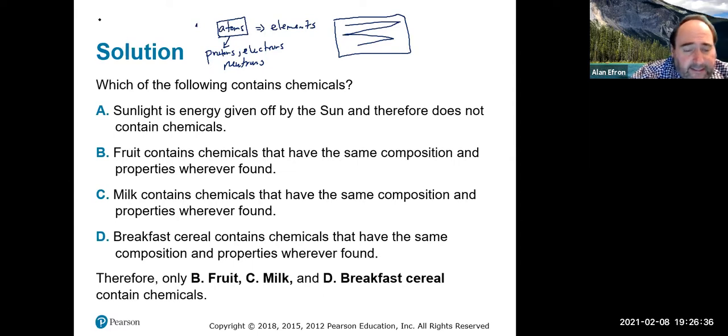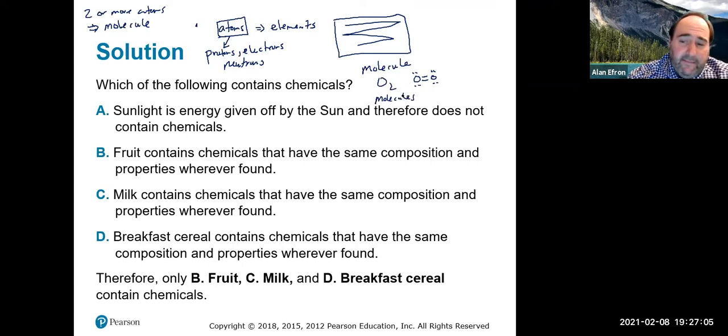When we put two or more atoms together, we get something that is referred to as a molecule. We can have a molecule that is the same element, like O2, which means we have two oxygen atoms bound together. That is a molecule because it is two atoms together.